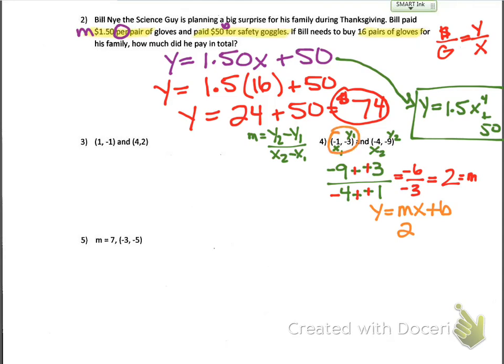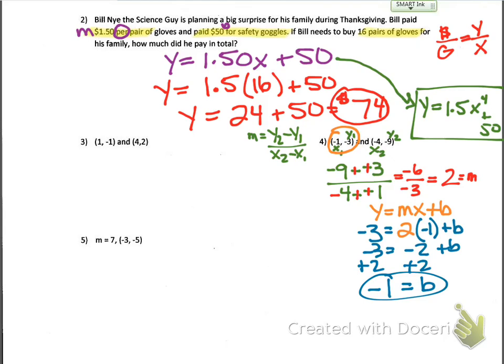I'll choose the smaller numbers, -1 and -3. So y is -3, so I'm going to plug in -3 equals 2 times x, which is -1, plus b. Now, let's solve for b. 2 times -1 is -2. And to get b by itself, we add 2 to both sides. And -3 plus 2 equals -1, so b equals -1.